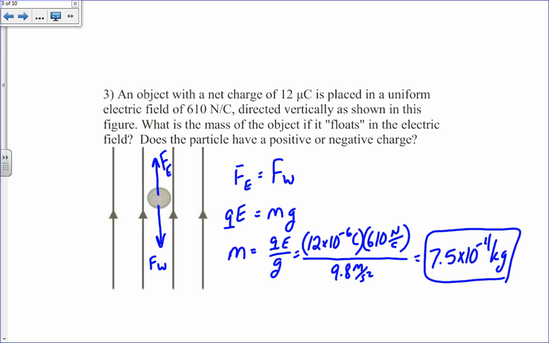I also want to know what is the direction, or what is the charge of this. Is it positive or negative? Remember, a positive charge feels a force in the direction of the electric field.